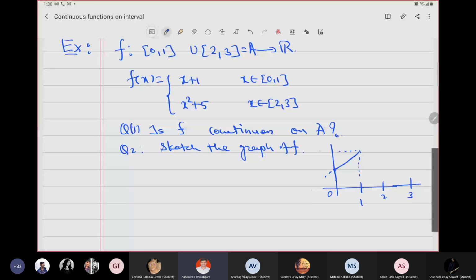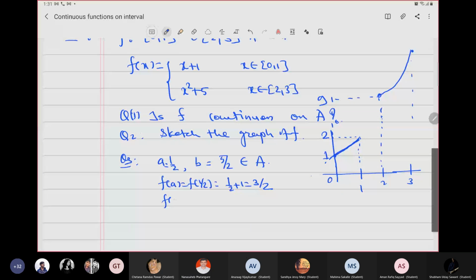It is f of half. So half plus 1 is 3 by 2. What is f of b? F of 5 by 2. So 5 square by 2 square plus 5, which is 25 by 4 plus 5. So what is it? 45 divided by 4. Correct?